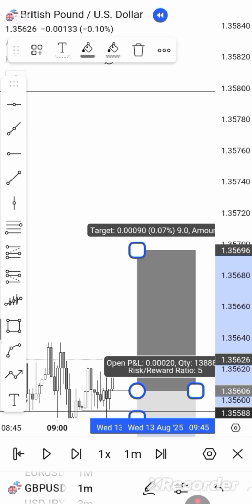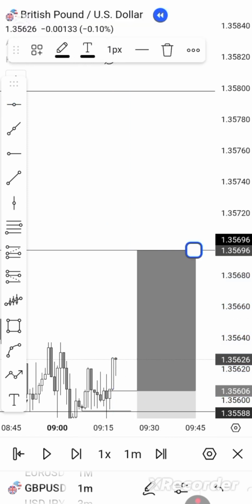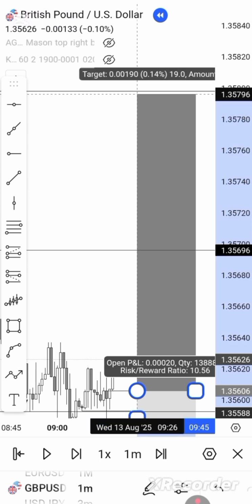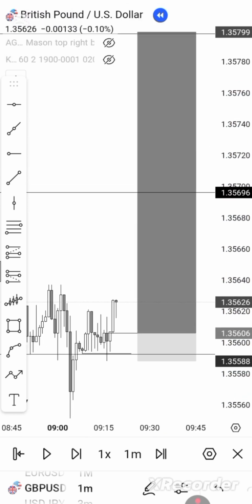So I'll just use this tool. So immediately price reaches here, we'll take our partials. Then after taking our partials, we can lift the trade to play out. So let's see what we have here.